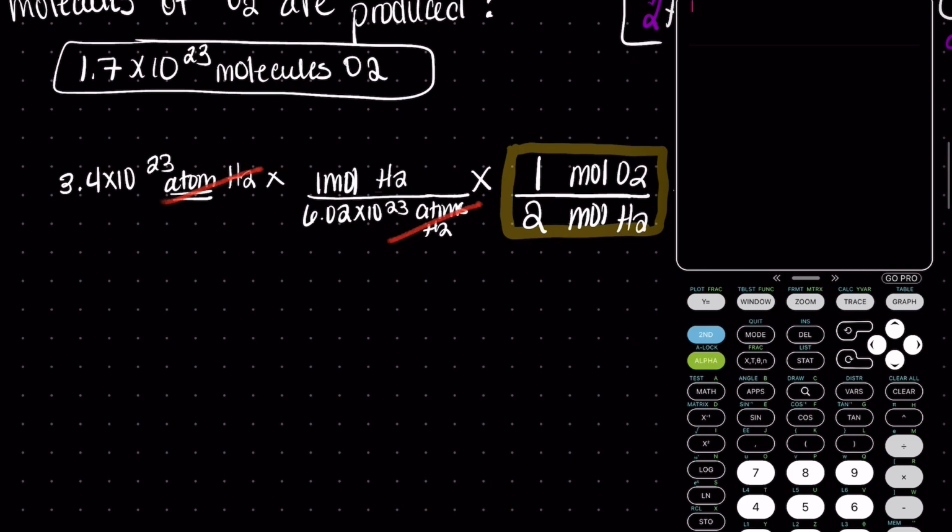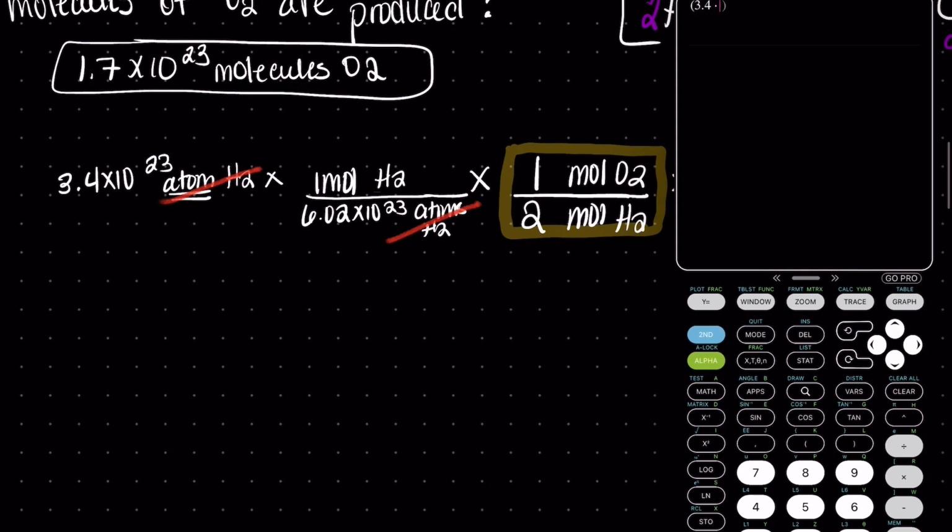Whole top over whole bottom. Remember, anytime you see scientific notation, keep scientific notation in parentheses always. You're trying to do math with that whole number, not just parts and pieces of it. So if you don't put it in parentheses correctly, you won't get the actual value you need.